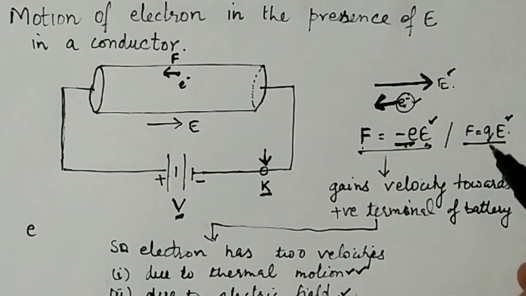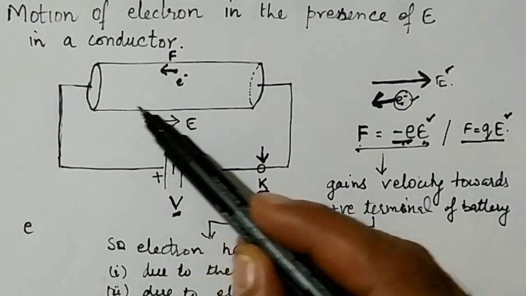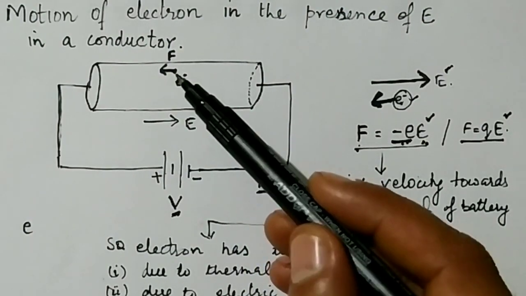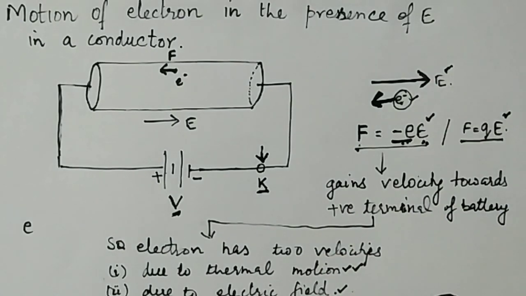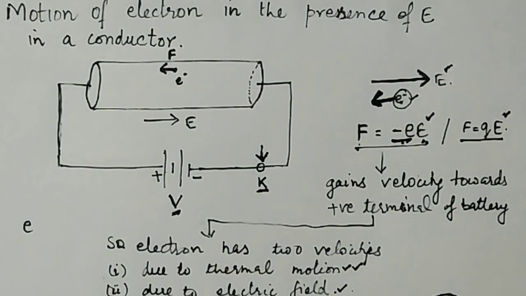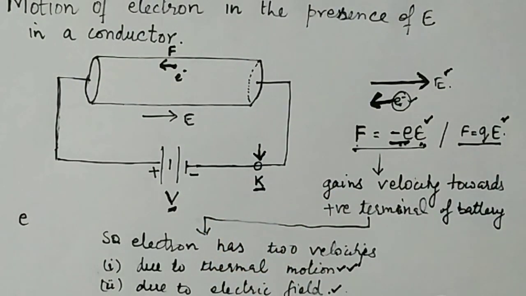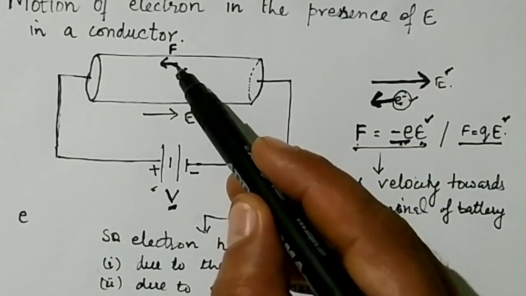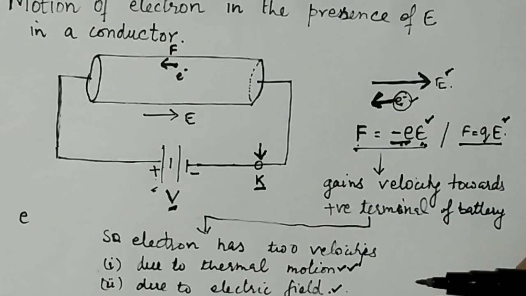So all these electrons will experience a force towards the positive terminal of the battery. Because of this force, all the electrons will gain velocity along the positive terminal of the battery.